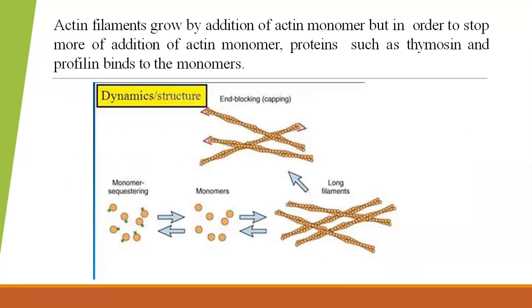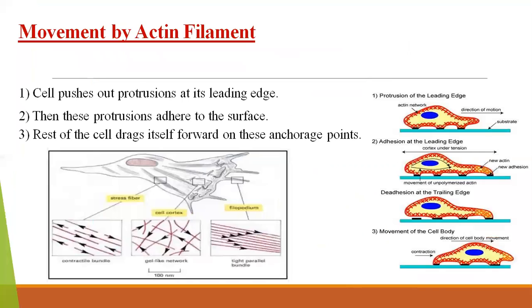Actin filaments grow by addition of actin monomers, but in order to stop more addition of actin monomers, proteins such as thymosin and profilin bind to the monomers. So this is the dynamic structure of these actin filaments.